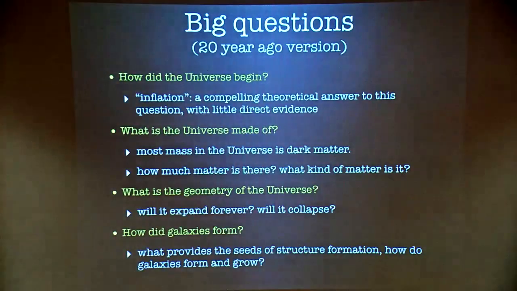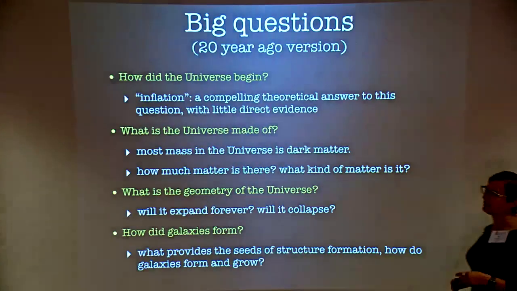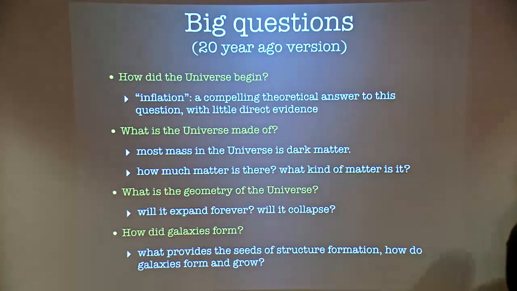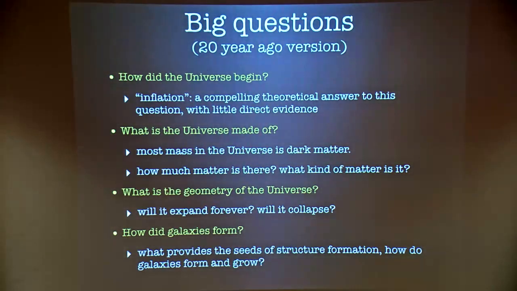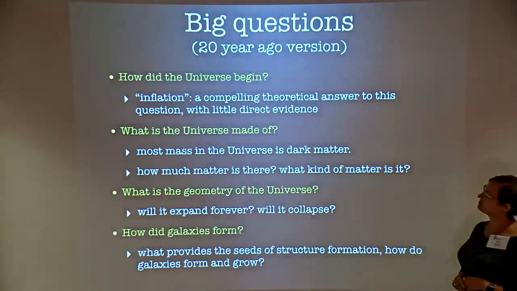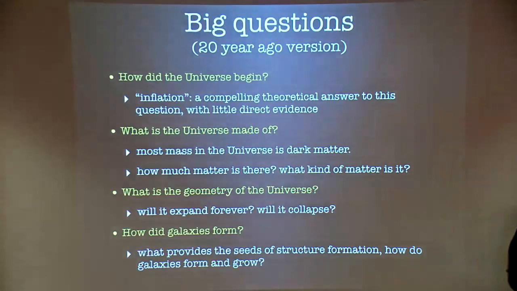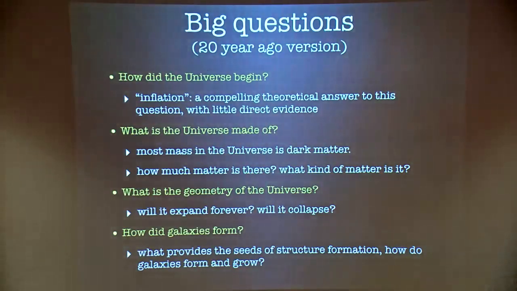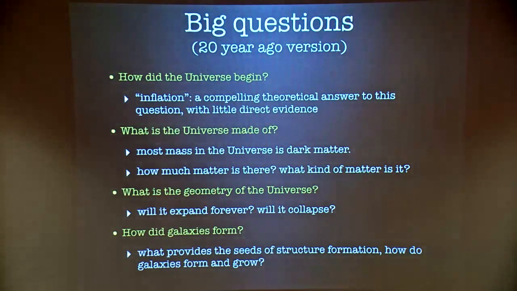And I first came to the KITP almost 20 years ago as a graduate student. And at that time, the version of these questions was like this. We had a good theoretical idea for how the universe might have begun, or how it might have spent its first tiny fraction of a second.